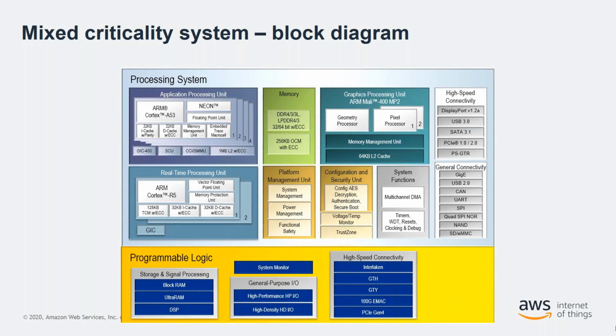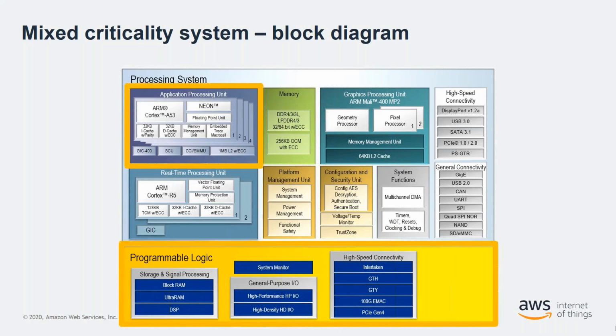Now, what I'm going to do now is go through each of these steps, so these blocks one by one, and explain them to you. And actually, I'm just joking. For the rest of this talk, all we really care about is the processing system and the programmable logic. The processing system is where Linux runs and AWS IoT Greengrass runs on top of that. The programmable logic is the FPGA fabric that is going to be doing the accelerated inferencing.